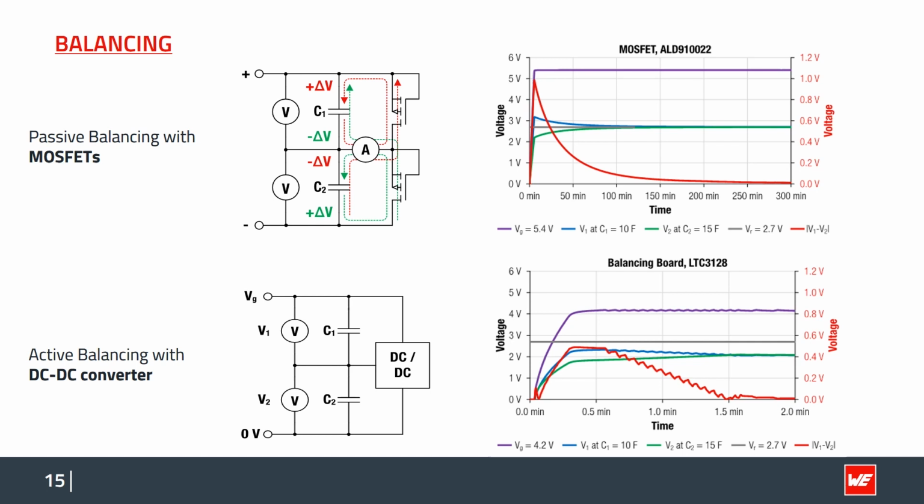Balancing with the balancing board is practically the balancing with a DC-DC converter. Actually, the balancing board, which is shown in the lower part of the slide, is the only one that is balancing fast enough to prevent overvoltage right from the beginning.